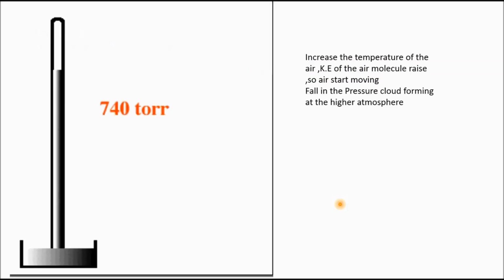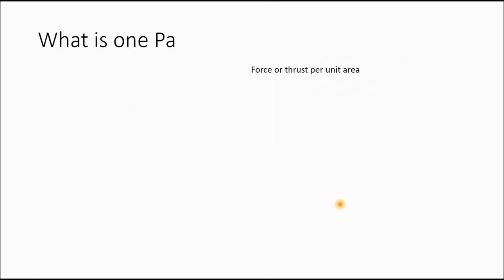Okay, after seeing all the meteorology, I think we will go deeper into the atmospheric level. The instrument for measuring pressure, usually we talk in Pascal or bar, but Pascal is the name of the scientist, so after his death they named the unit Pascal.